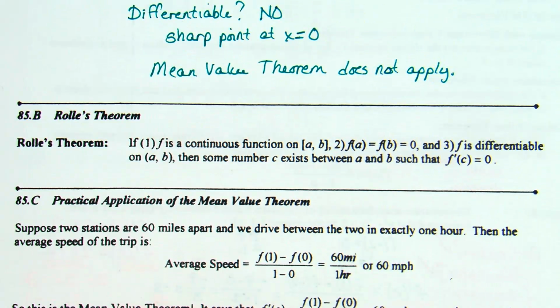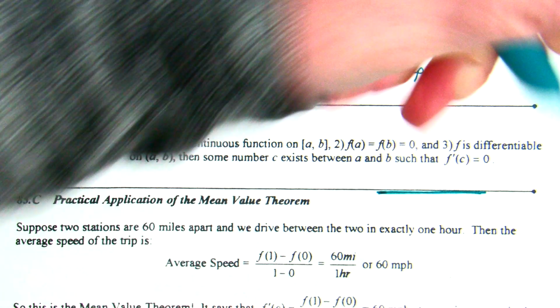Okay? So, I'll try and sketch a little something for us here. There's my x-axis. We have an a and a b value, right? So let's see, f is continuous. So from a to b, that just means my graph is continuous, right?